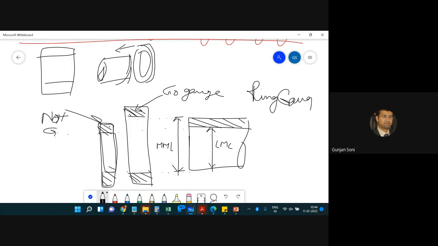Ring gauge, we use it for not measuring but gauging limits of shaft. And plug gauge we use for gauging the limits of hole. Okay, now let's go ahead.